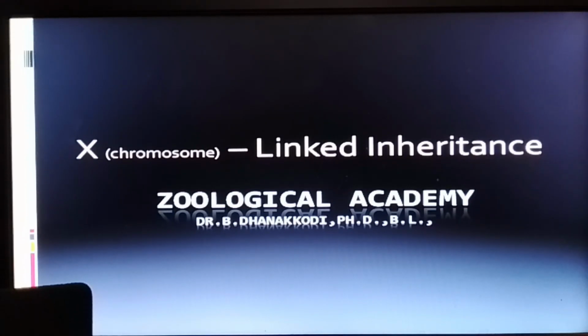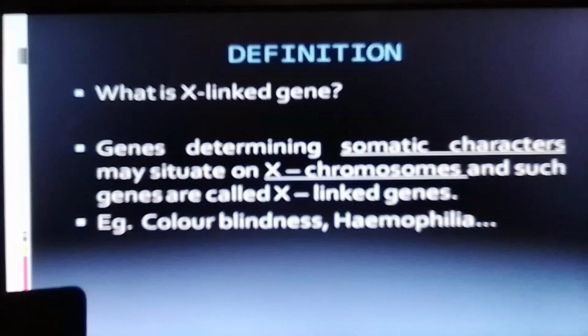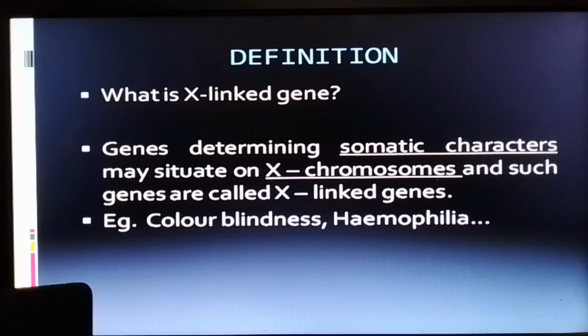This video explains X chromosome linked inheritance, a familiar topic under genetics. You may know there are two types of chromosomes, somatic chromosomes and allosomes.